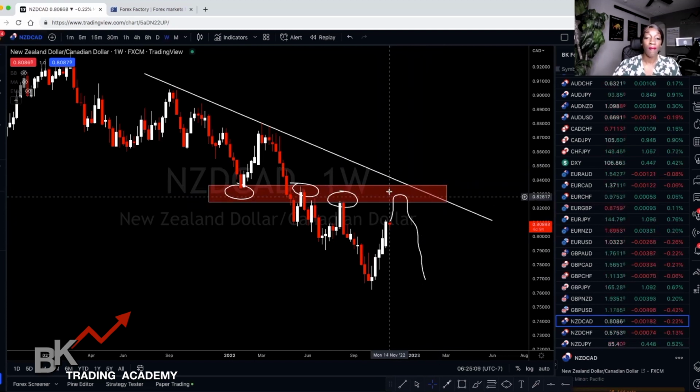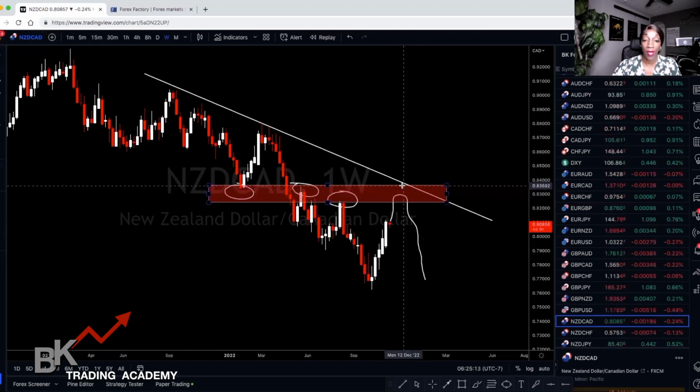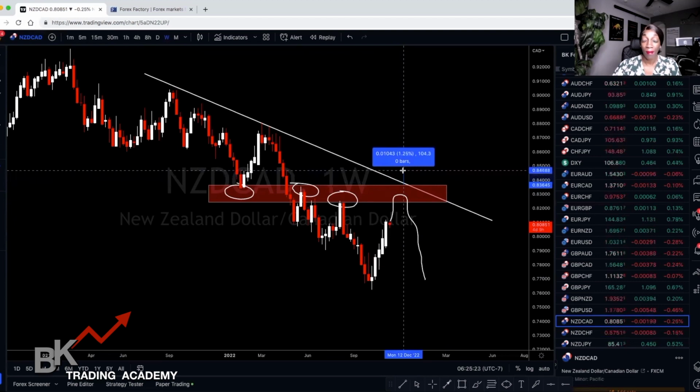Okay. But we're looking for a move back into this area. My stop loss is going to be about probably 100 pips from my best position. So the 83.60 area would be my second position, and I'd probably plan my stop loss about 100 pips from that.